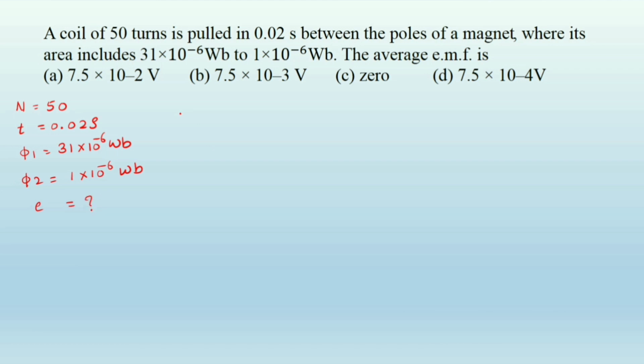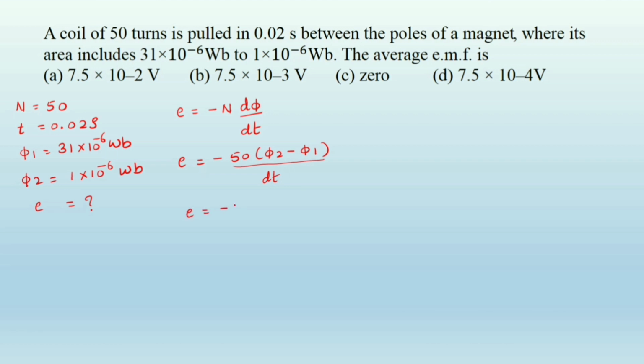So we have the equation E equal to minus N into d phi by dt. So directly we can use this equation here. E equal to minus, number of turns is given 50. So change in magnetic flux means we can write phi 2 minus phi 1 divided by time, or we can write it as dt.